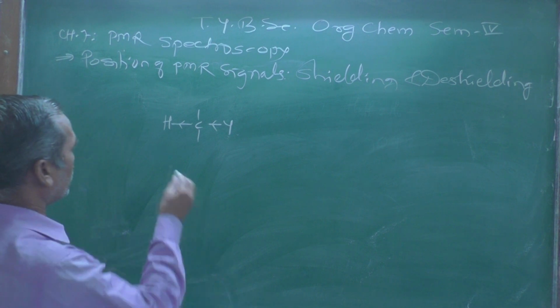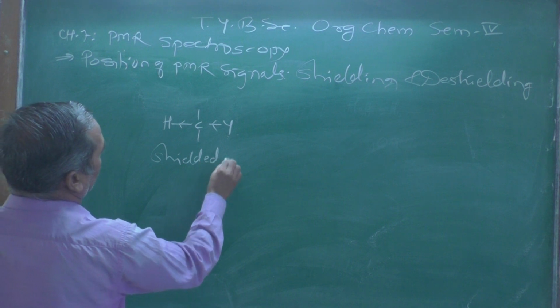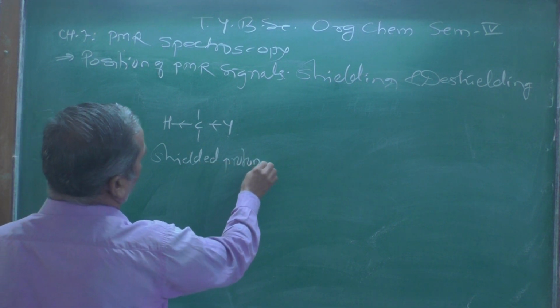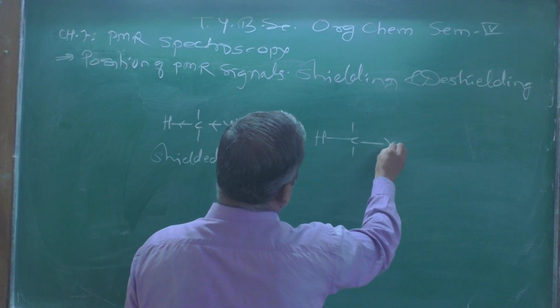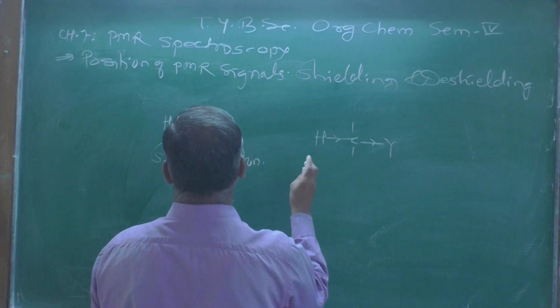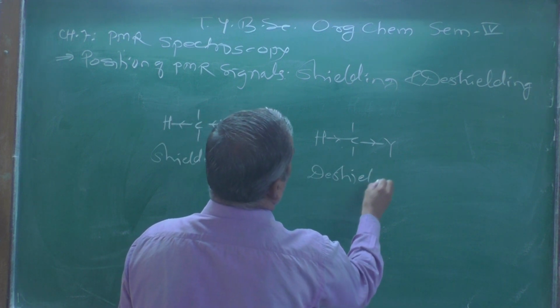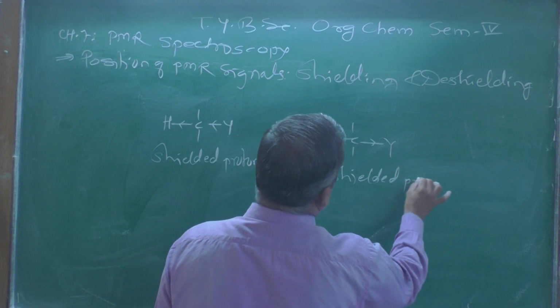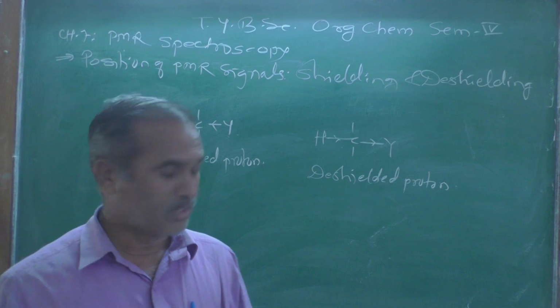Shielded proton. In a simple way, HC, now here is a Y, which is an electron withdrawing group. So a de-shielded proton.